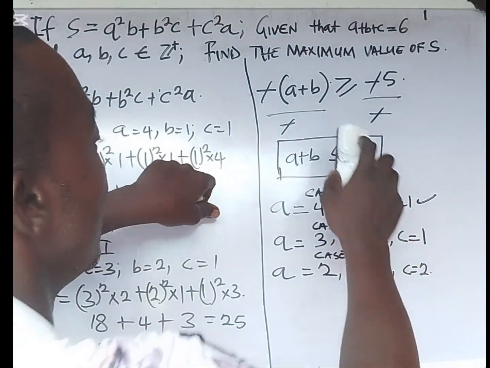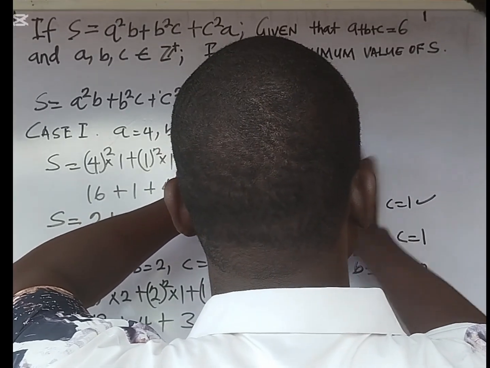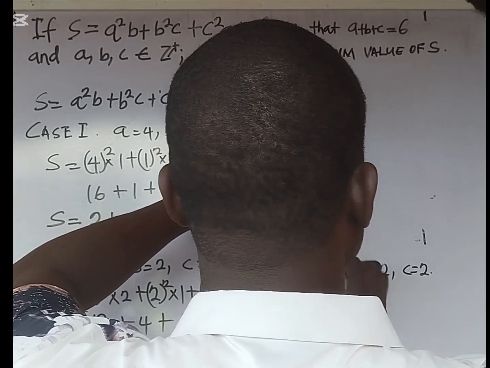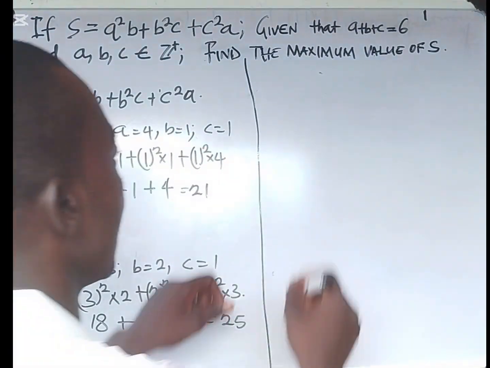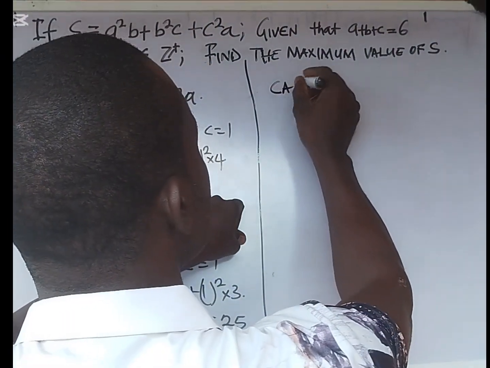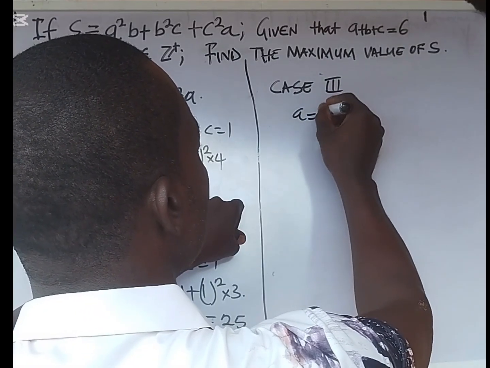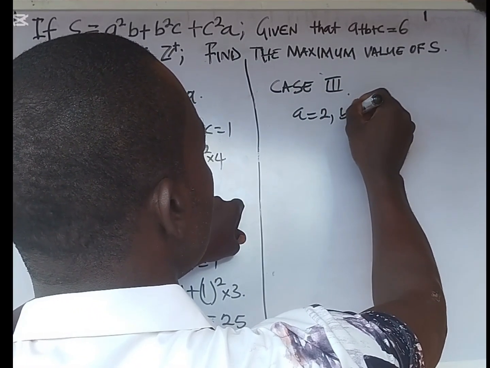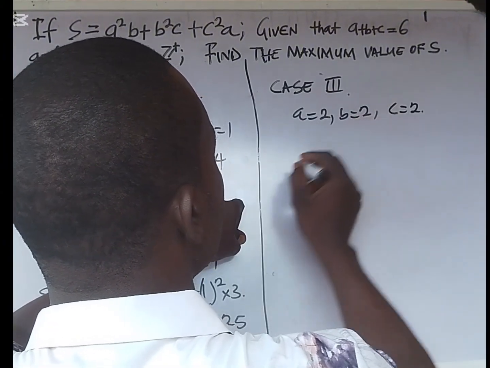So let's go to case 3. Let's see what the value of x in case 3 will be. Mind you, in case 3, the three variables are the same. So in case 3, A is equal to 2, B is equal to 2, and C is equal to 2.